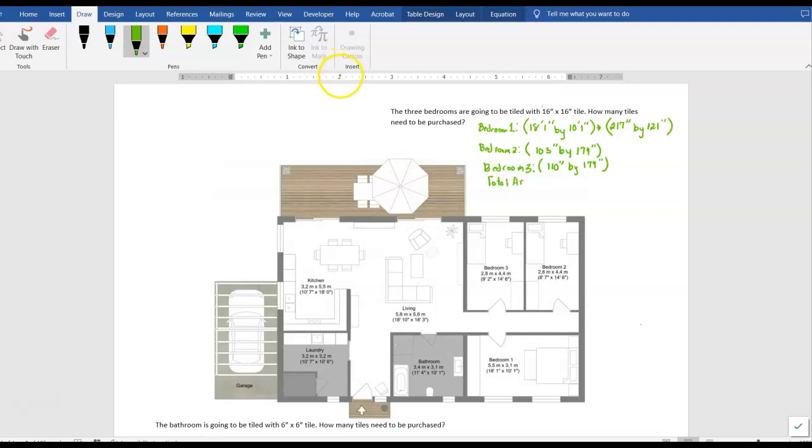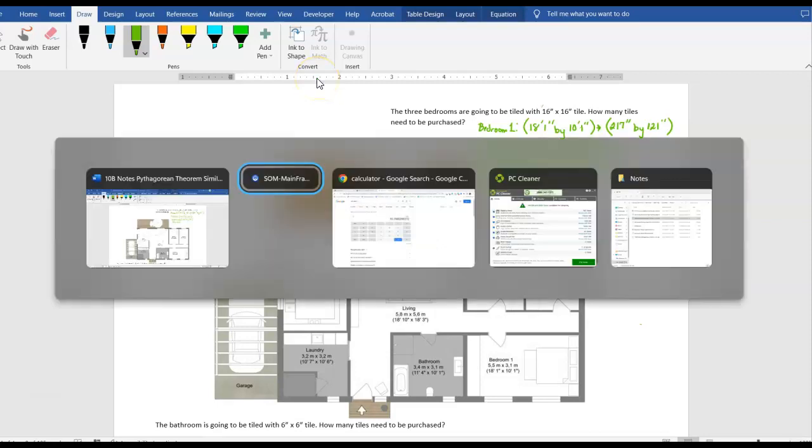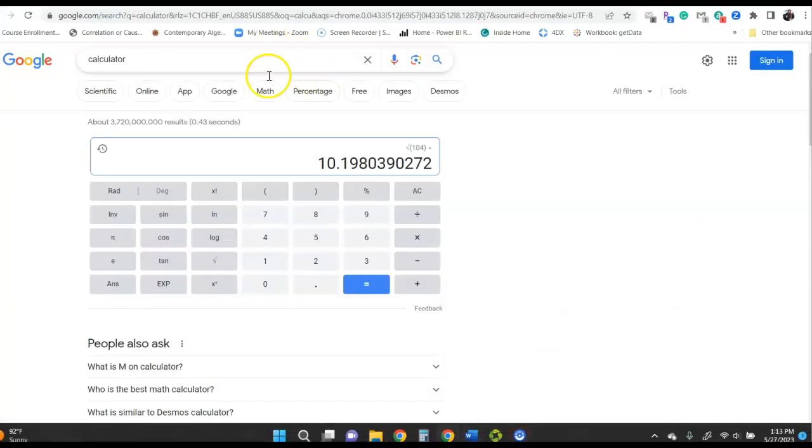So we can figure out how many tiles we're going to need. For the total area, if we go back to our calculator, if you turn it sideways, you're going to get some parentheses. Some calculators have the parentheses. If you have just your regular calculator, of course you can use Google's calculator on your computer. So we have, oops, I'm sorry, not 130.